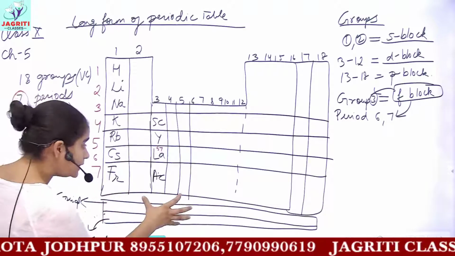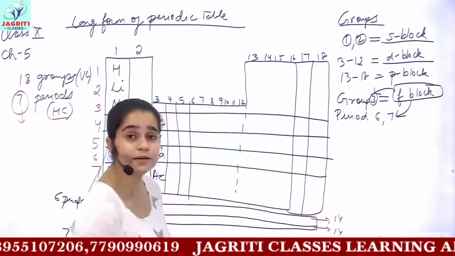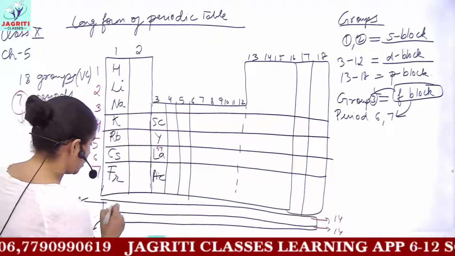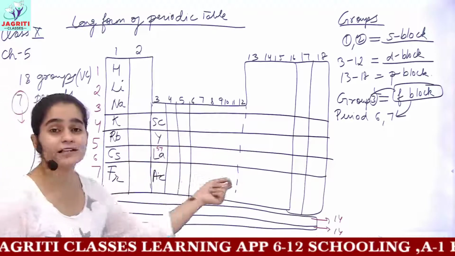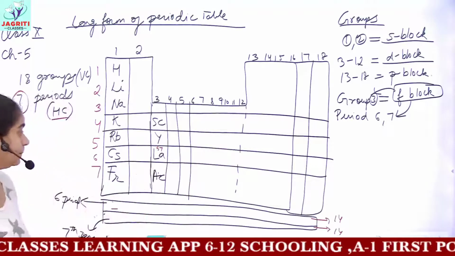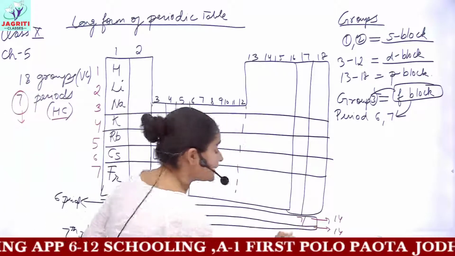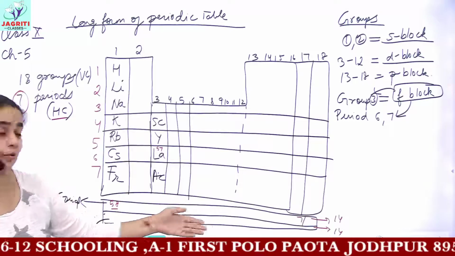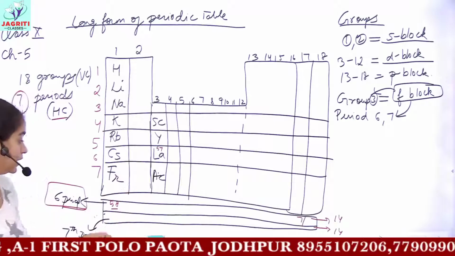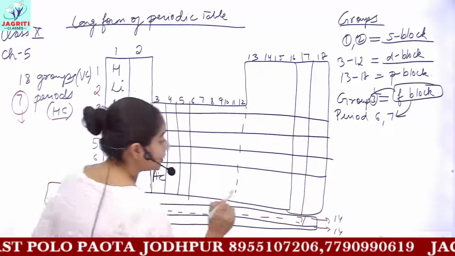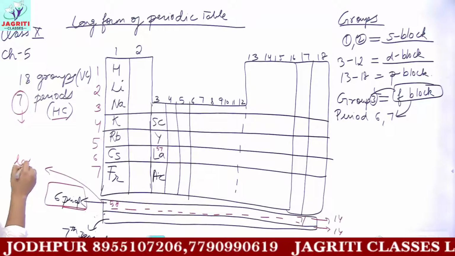But this first row contains 14 elements and the next also contains 14 elements. If I try to place all the 14 elements here in this group, it would disturb the regular arrangement of our periodic table. Therefore, the elements with atomic number 58 to atomic number 71 were placed in a separate row, and hence they belong to the 6th period only. All the 14 elements coming here have properties similar to lanthanum. Therefore, they are also called lanthanoids.